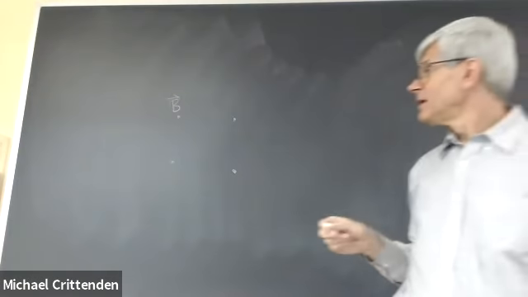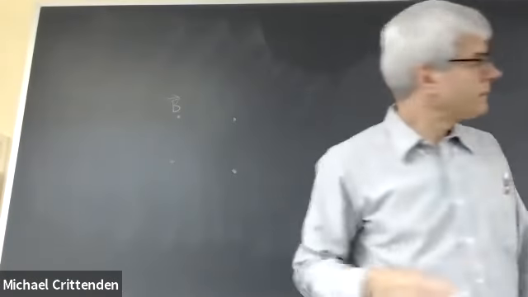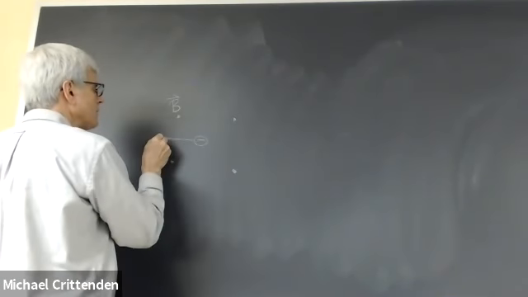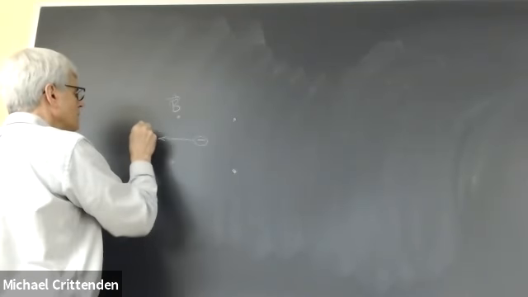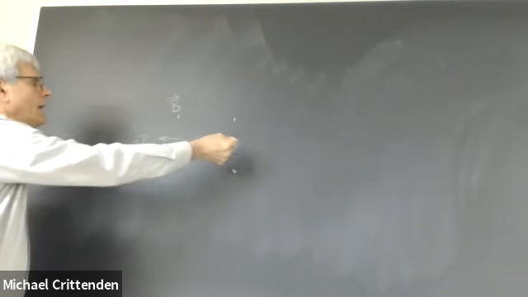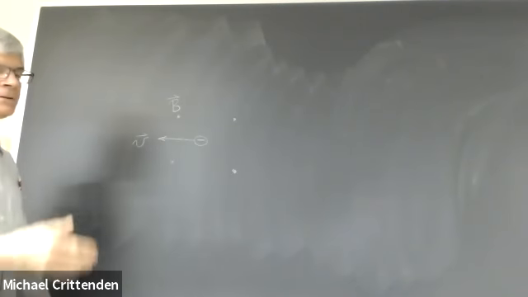And let's say you've got an electron, and it's going to the left like that. So a magnetic compass would point this way, and the electron is going that way.